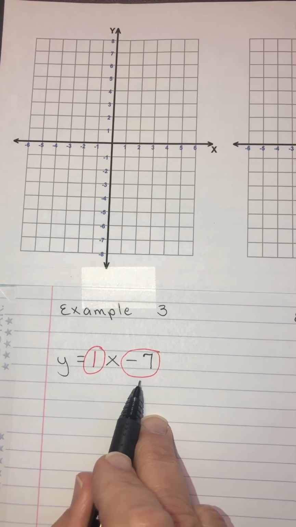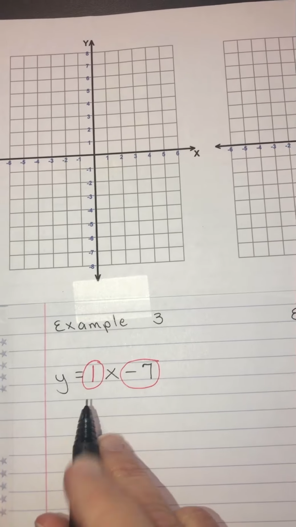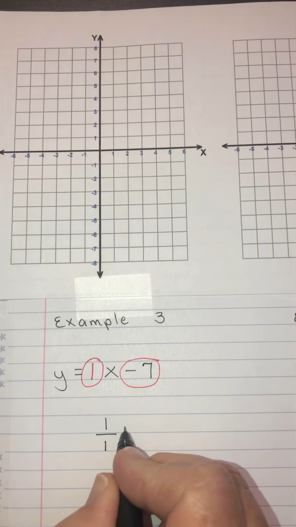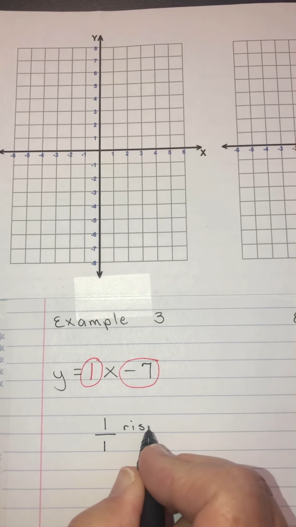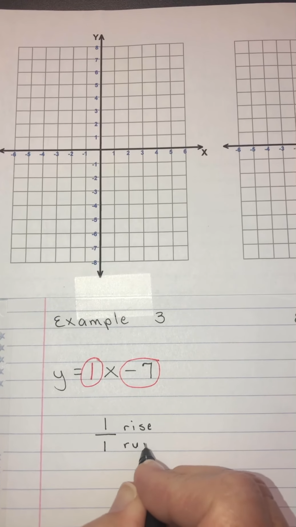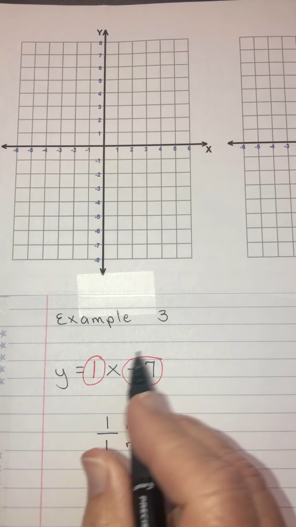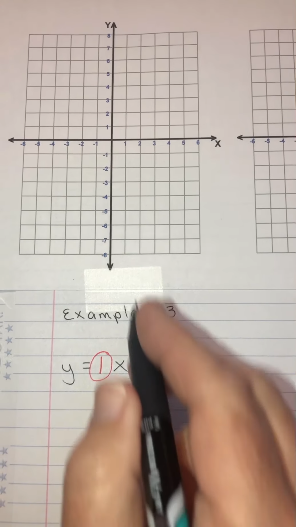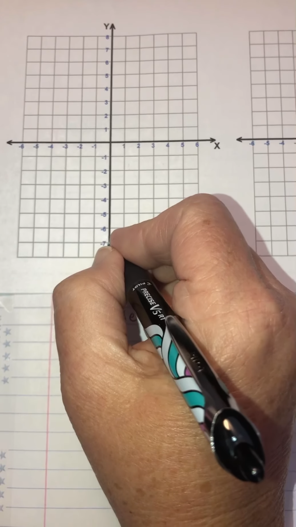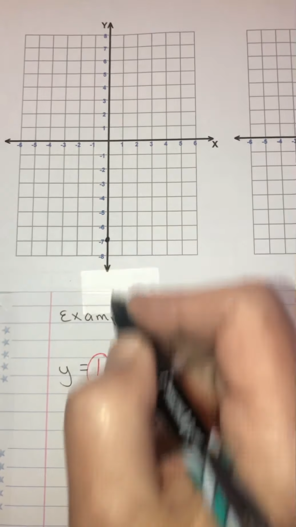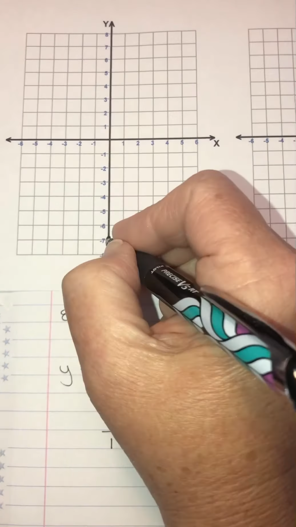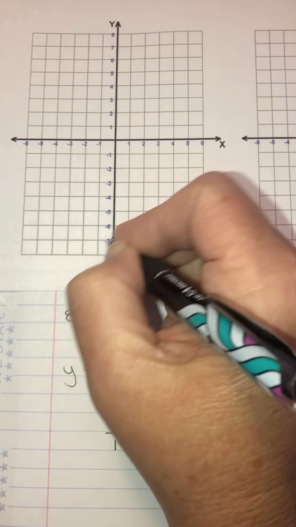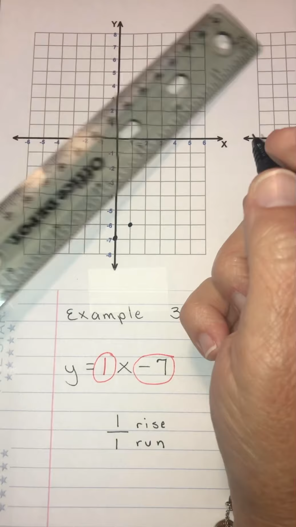The slope is 1, so that means it's going to be 1 over 1, rise over run. So you would plot your negative 7 y-intercept. You always want to plot your y-intercept first. So you're going to plot negative 7. And then since my slope is 1 over 1, I'm going to rise 1 and run 1. And then I'm going to draw my line.